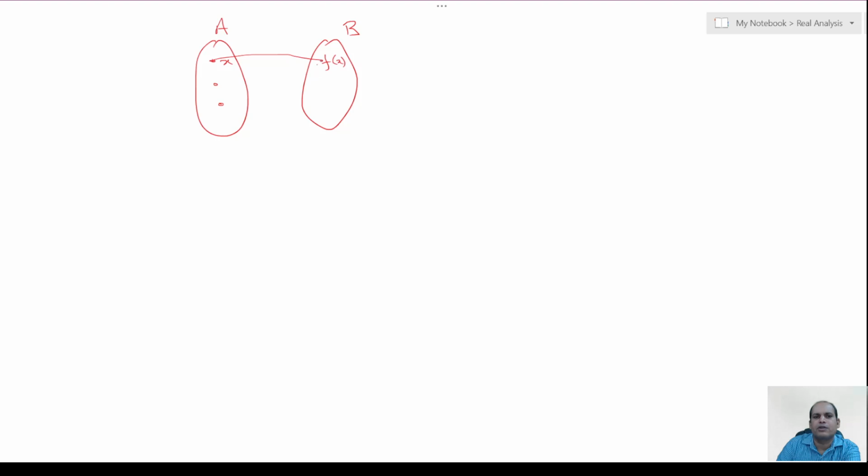So for a function, the first criterion is that every element of the domain has to be mapped. For example, if I choose 1, 2, 3 in set A and say 5, 6, 7, 8, then every element of A has to be mapped.